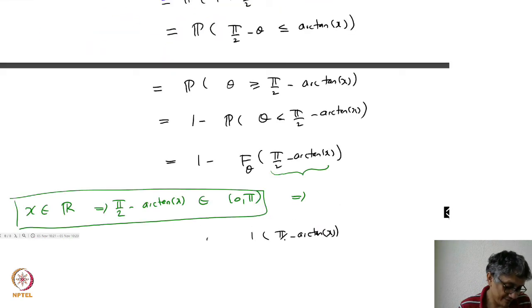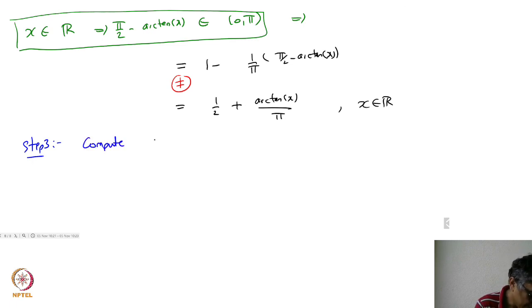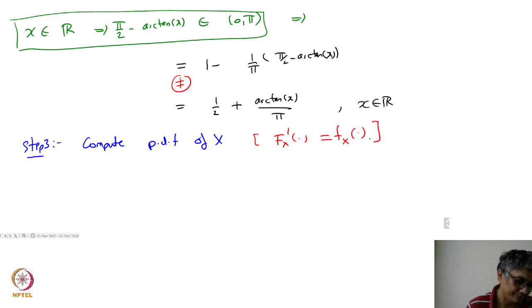So for x in R, we have come to this. This is true for any x in R. That's how the function is. The last step, step 3, was to compute the density function, the probability density function of X. You just use the fact that you differentiate it, so F sub X prime is the same as little f sub X. All you have to do is differentiate this.